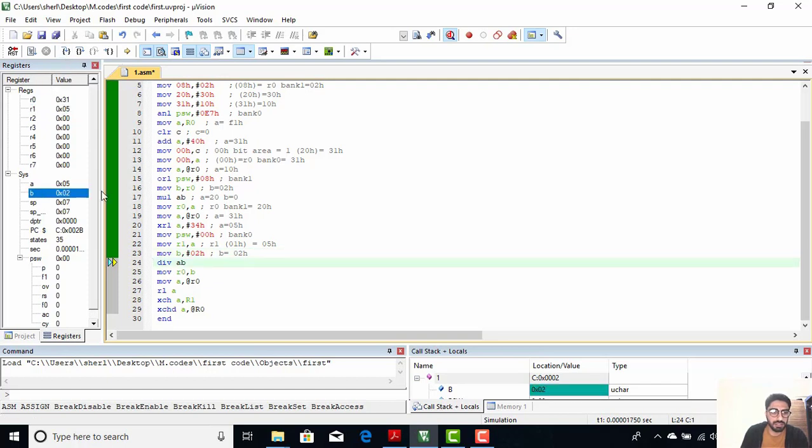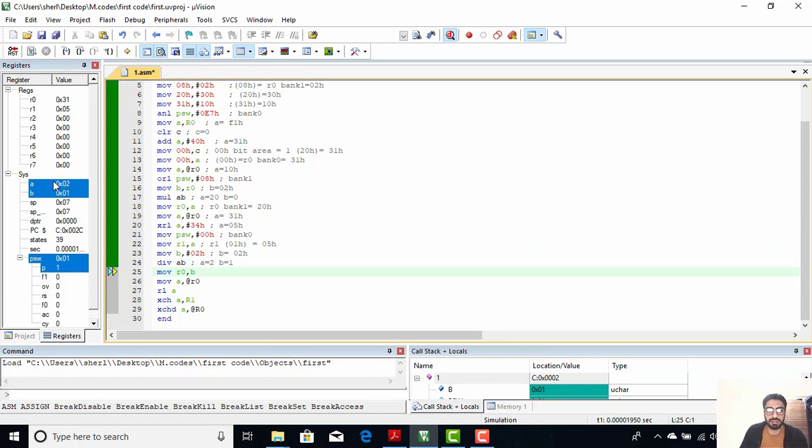So B took the value 2, and when we are dividing A and B, so 5 divided by 2, it's supposed to be A equal to 2 and B equal to 1. Let's see it. Yes, A equals 2 and B equals 1, and the parity is 1 since the accumulator has an odd number of ones.